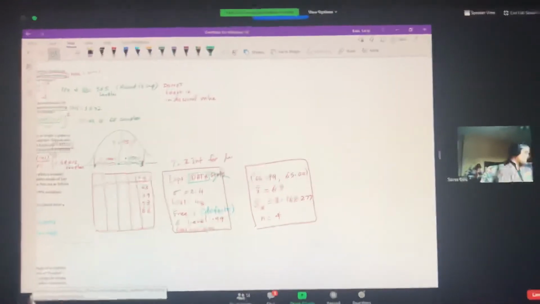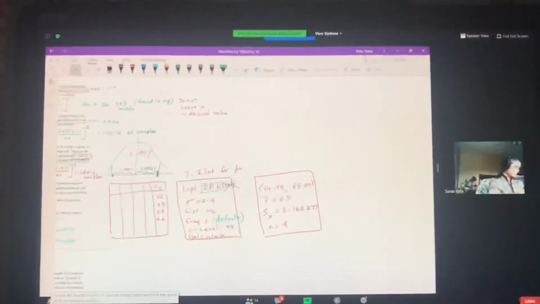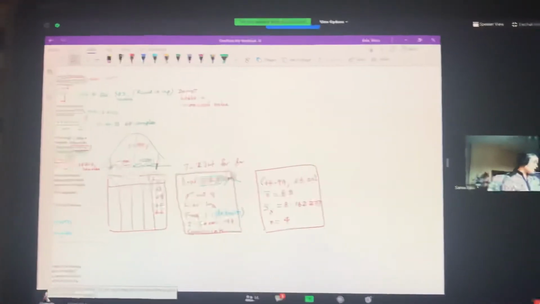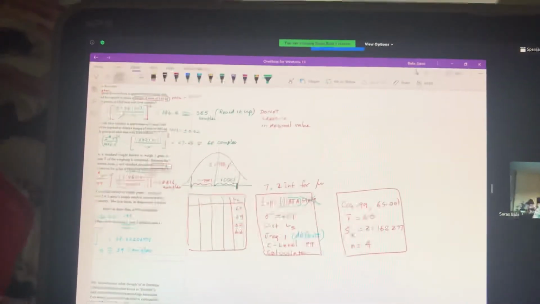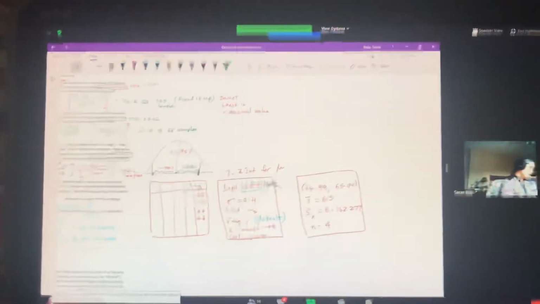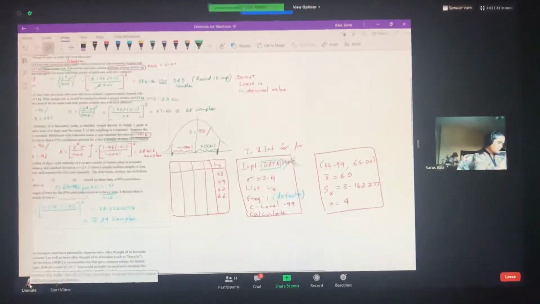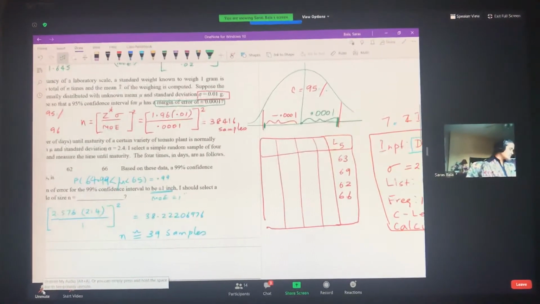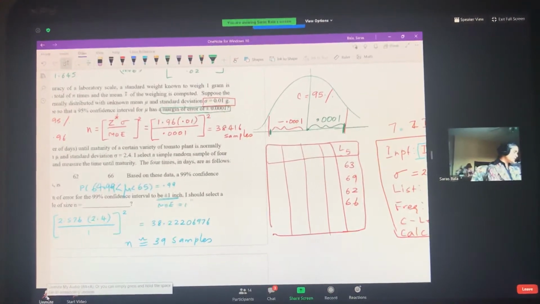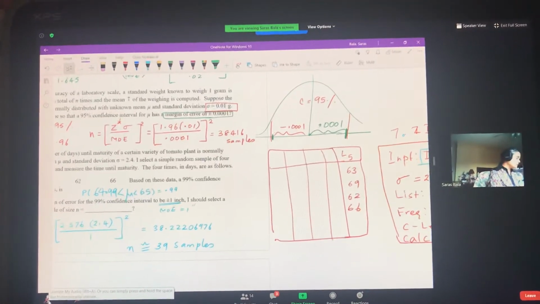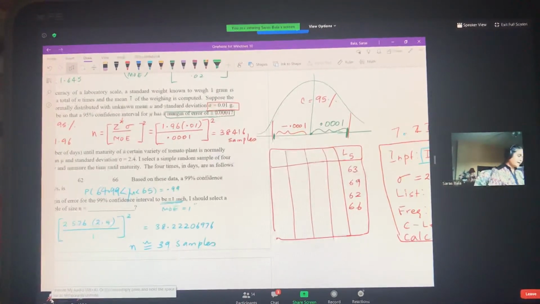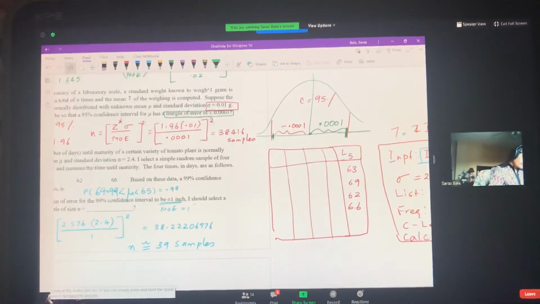I kept the same sigma that I got from the previous problem. I did not change it. It should be 2.4, right? I should have changed it to 2.4. I kept the same number, which is 0.0068. Okay, now I'm changing it. So L5, frequency 1, hit calculate. Okay, thank you. That is correct.